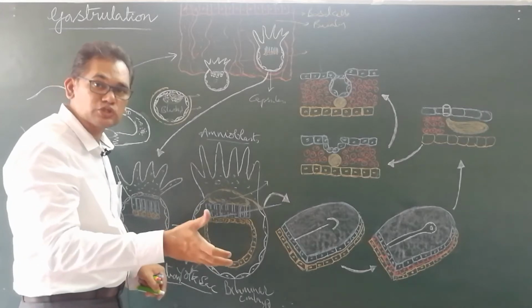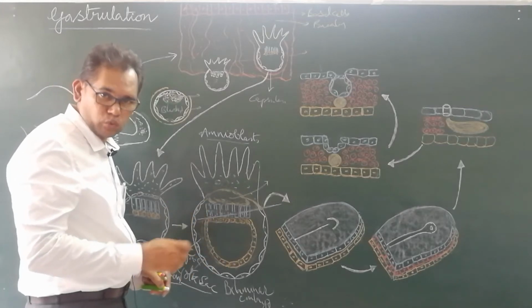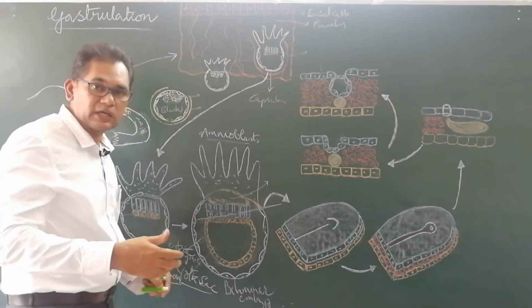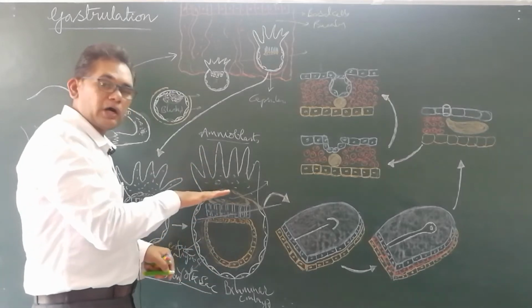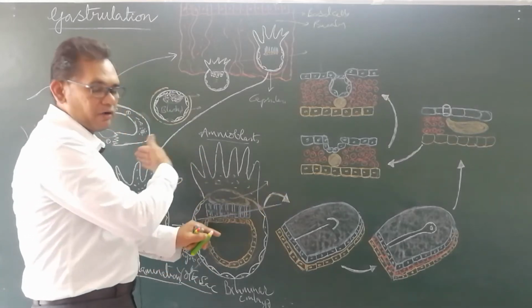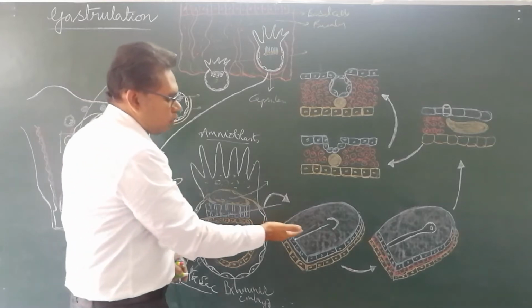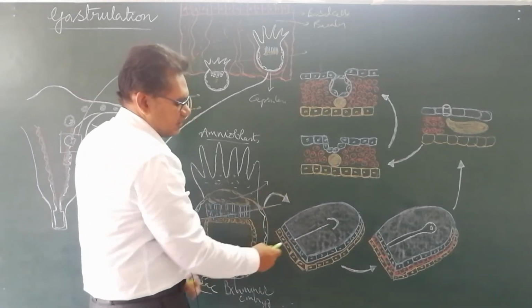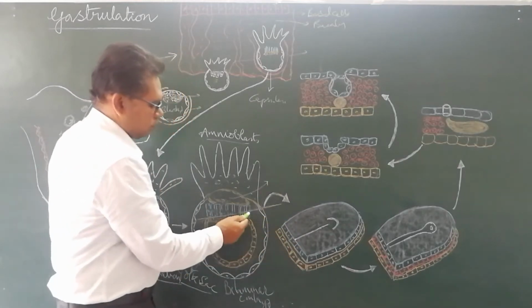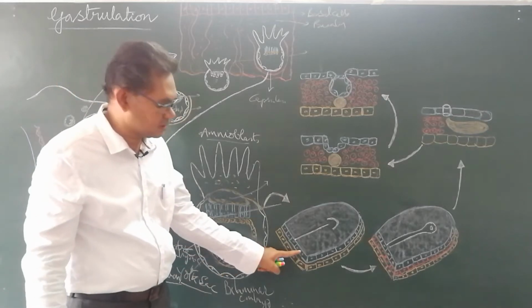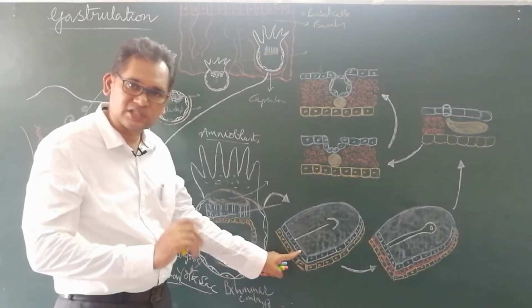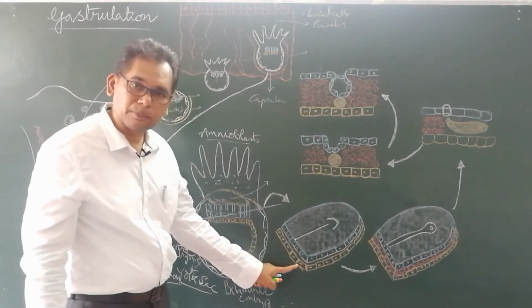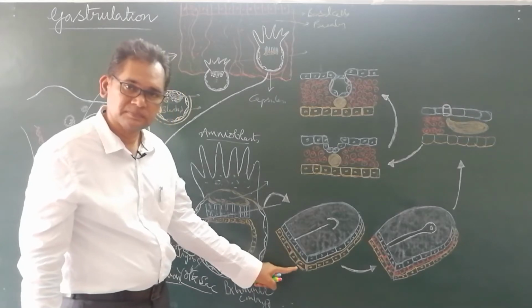What changes are taking place? Then what we observe here is this layer, the blue one. This is the epiblast, which has tall columnar cells. Now this is the hypoblast. These are the two layers.